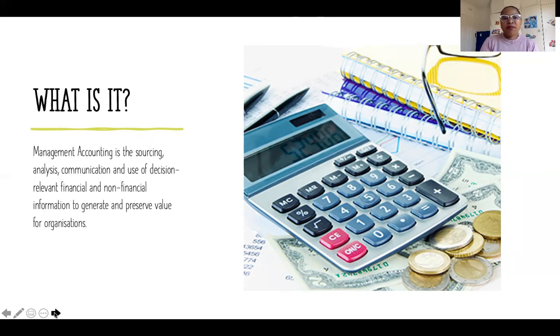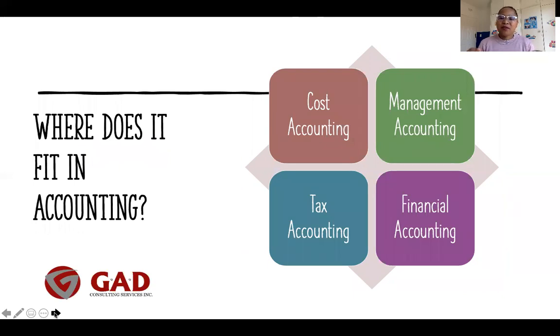We also have to understand that within accounting, we have 4 sisters: cost accounting, management accounting, tax accounting, and financial accounting, which I covered in more detail in video number 1. Cost accounting is generally used by managers to manage the cost.